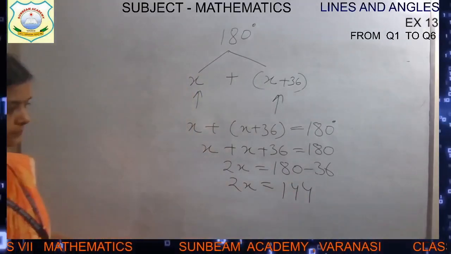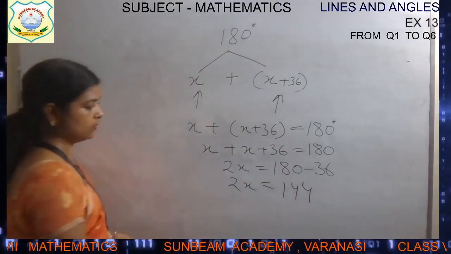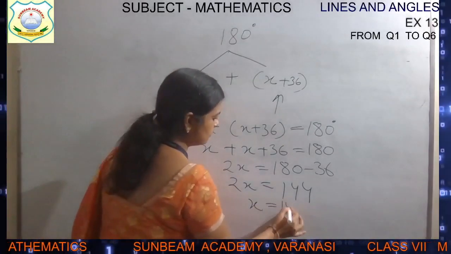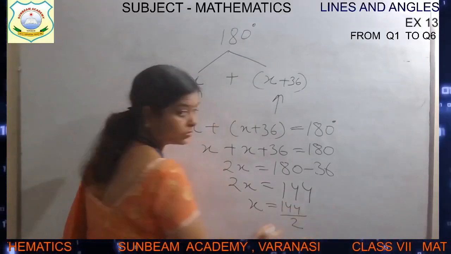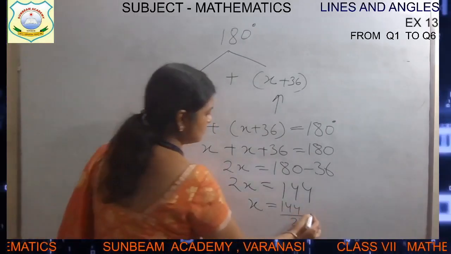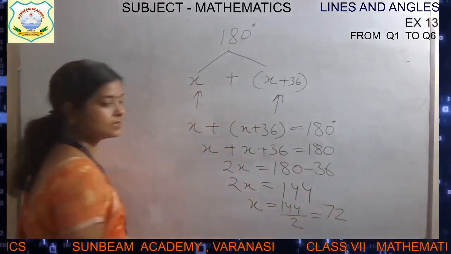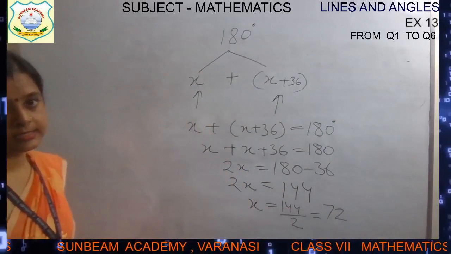Now x is equal to how much, children? Is it visible? Yes. x is equal to 144 by 2. Now 2 7s are 14 and 2 2s are 4. So 72. x is 72.